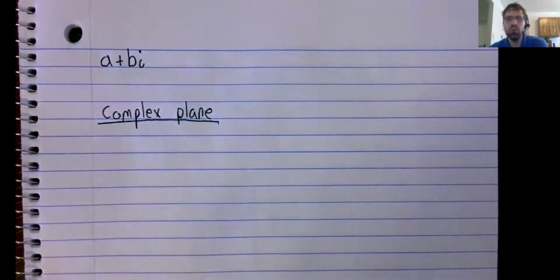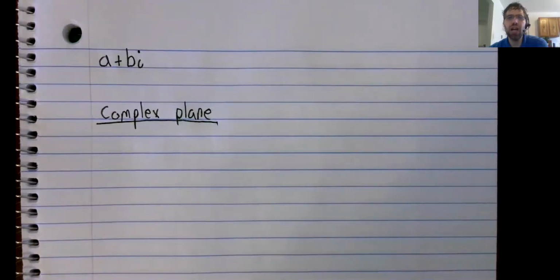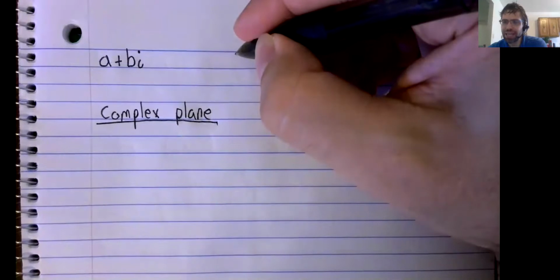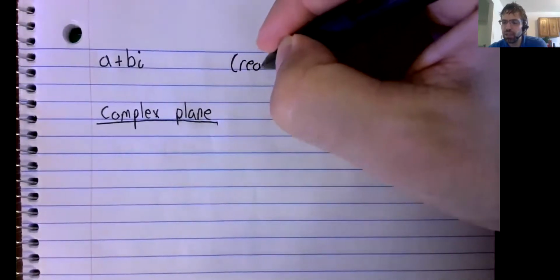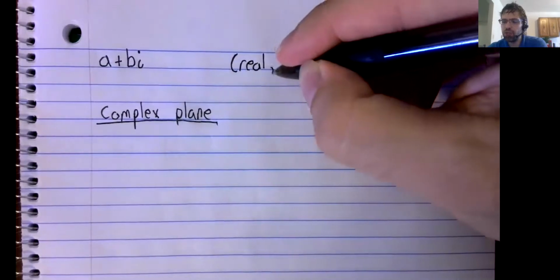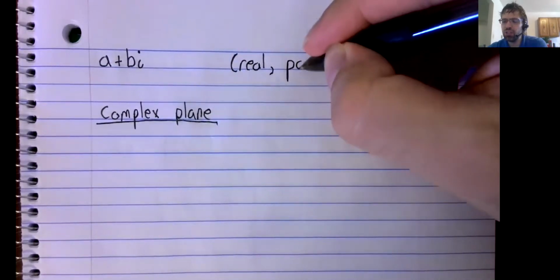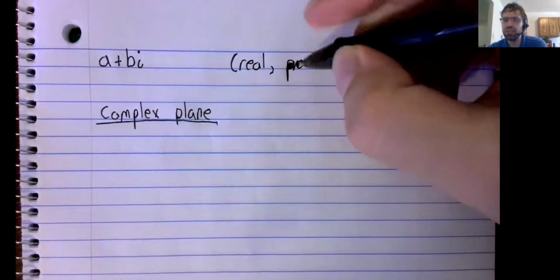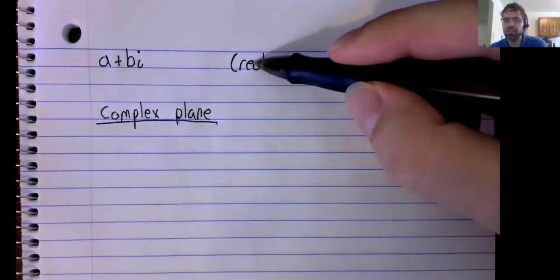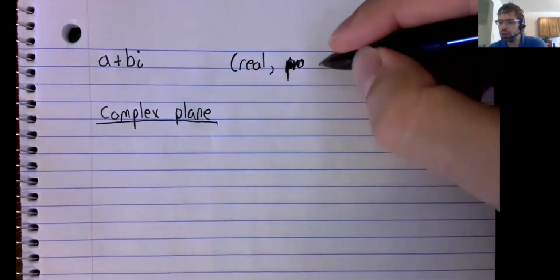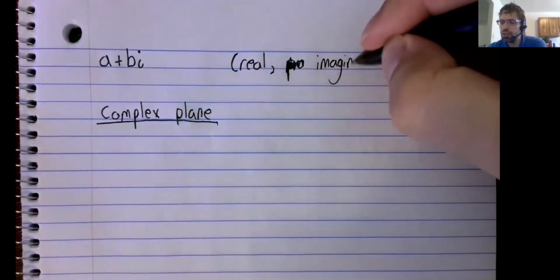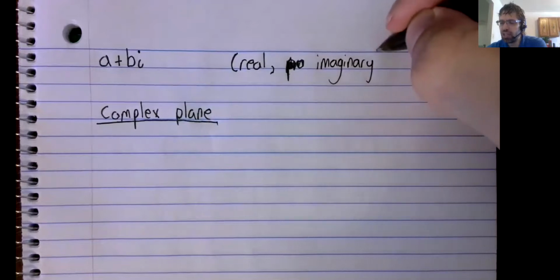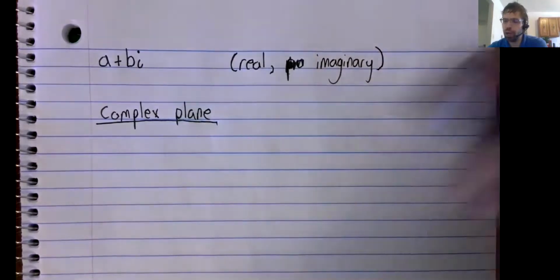So as opposed to the real line, we have the complex plane. And we graph points on the complex plane as the real part, comma, the imaginary part.